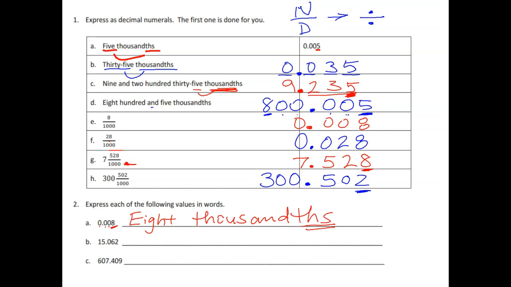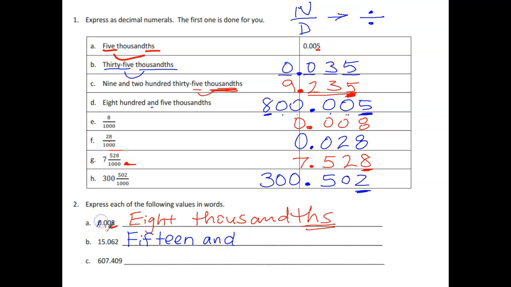Have them try it on their own and then go back and use this as a tool to check their work. So hopefully you had 1 in the tens place and 5 in the ones place, which is equal to 15. My decimal says "and." If you notice in A, my decimal didn't say "and" because I didn't have any wholes.